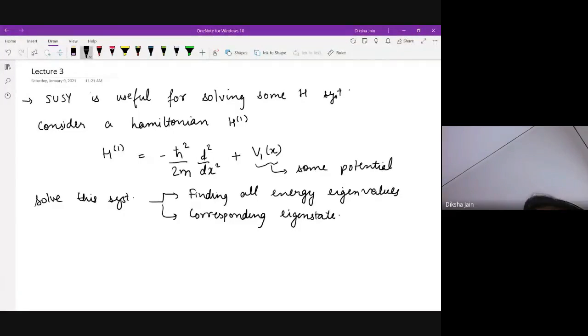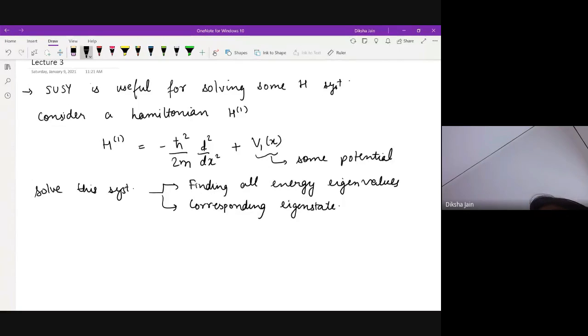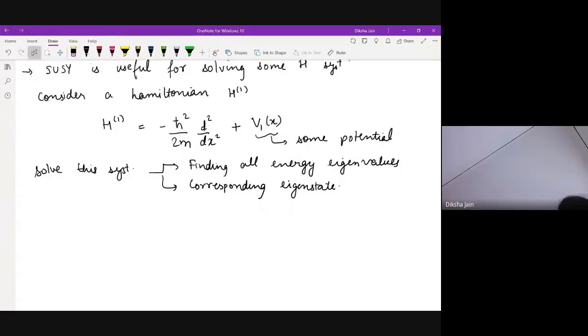Given a Hamiltonian, I want to find its energy eigenvalues and the corresponding eigenstates. So let's see how supersymmetry can be useful in solving a general Hamiltonian problem. For now, V1 is a general potential.